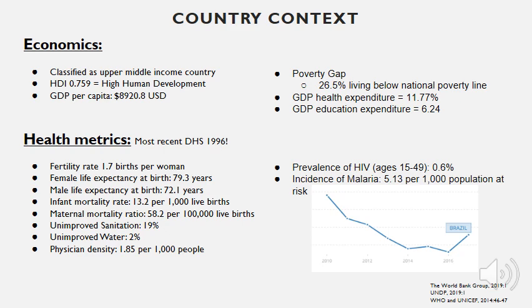There are some data available for the prevalence of HIV, 0.6% of the population testing positive, and incidence of malaria, 5.13 cases per 1,000 population at risk.